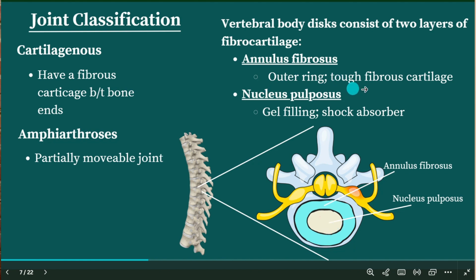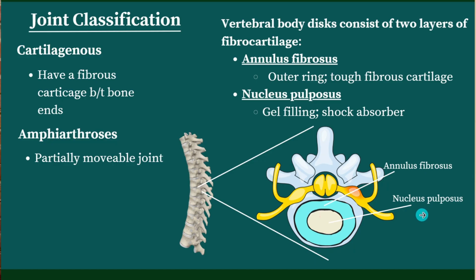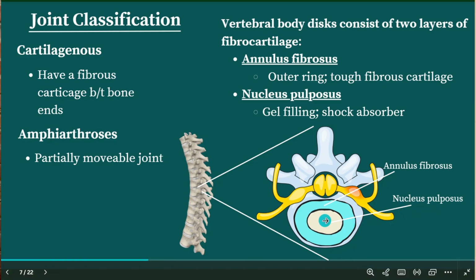The outer ring is the toughness that holds everything together, absorbs shock, and keeps your nerves safe. The gel filling is the shock absorber for when you're jumping around and having fun. This is how I remember them: nucleus refers to the center, obviously, and annulus means ring, okay? So that helps you remember that.